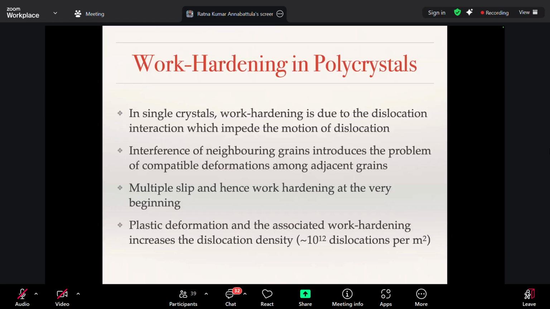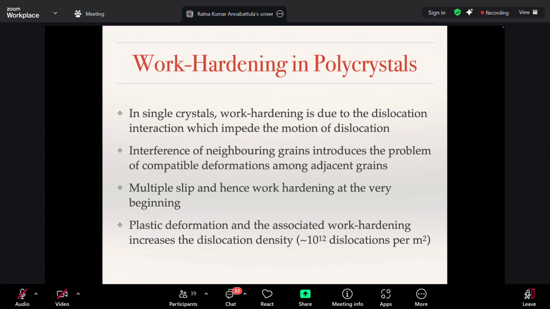Depending upon the macroscopic loading direction, there are so many grains. It is possible that there are slip systems oriented in a favorable direction, meaning cos phi cos lambda being the same for various grains.